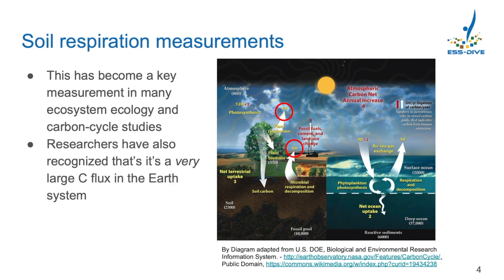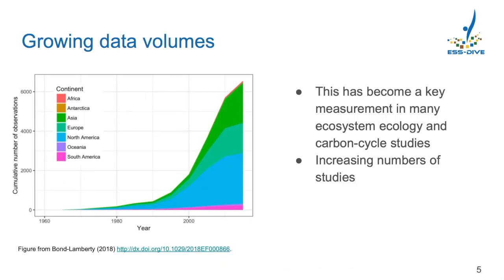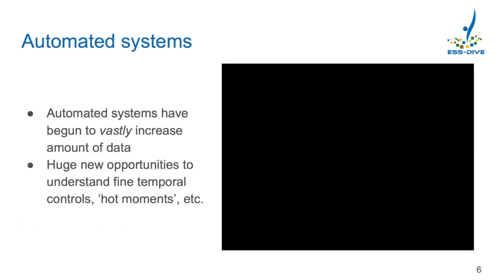People have really started measuring this more and more over the last bunch of decades. You can see this is a graph of observations in a database in terms of publications, showing exponential growth. And in the last 20 years, what really prompted some parts of this work was that we've had automated systems that have begun to vastly increase the amount of data.